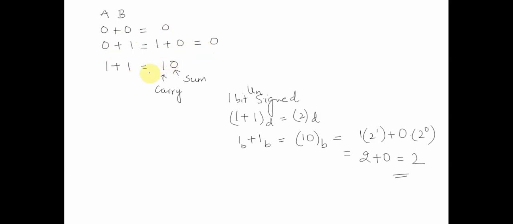Now let's look at two numbers and try to add them. Let's assume we have a number, say 1 0 1 0, and we have another number, say 1 1 1 1. This is called the augend in general addition terms, and this is called the addend.